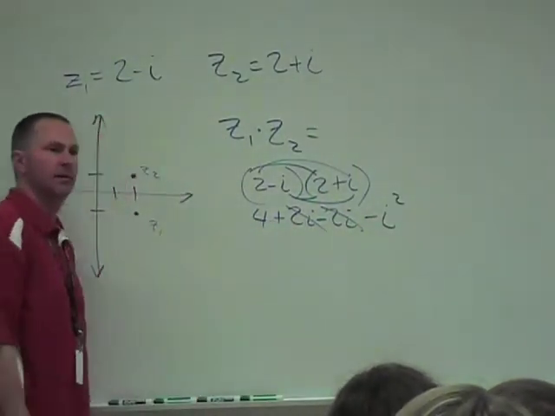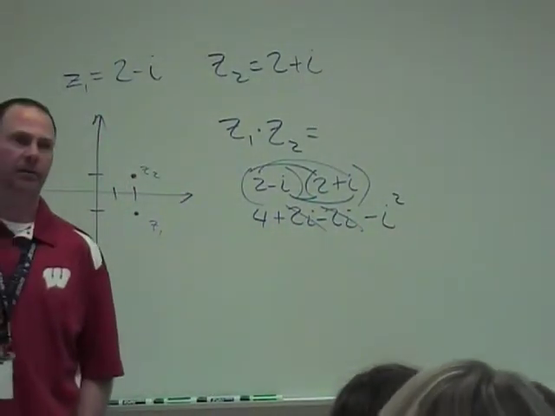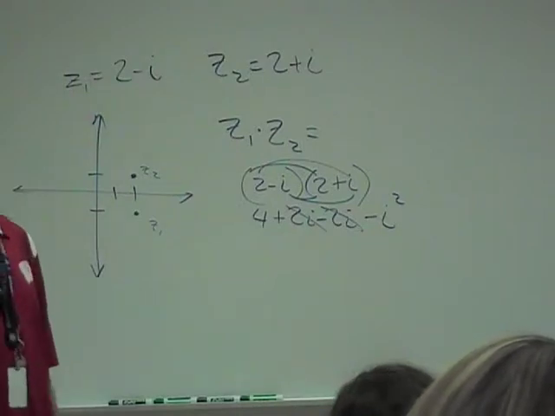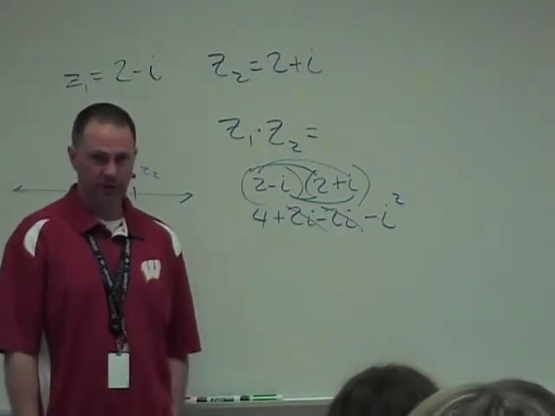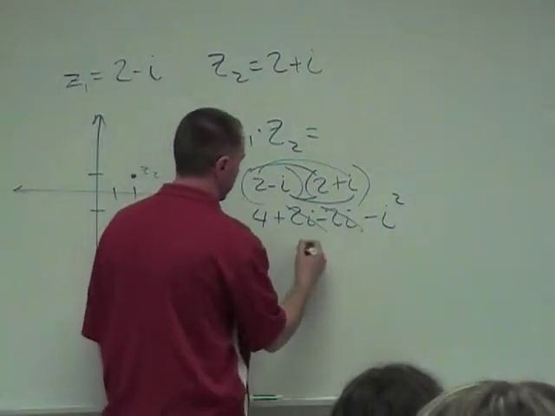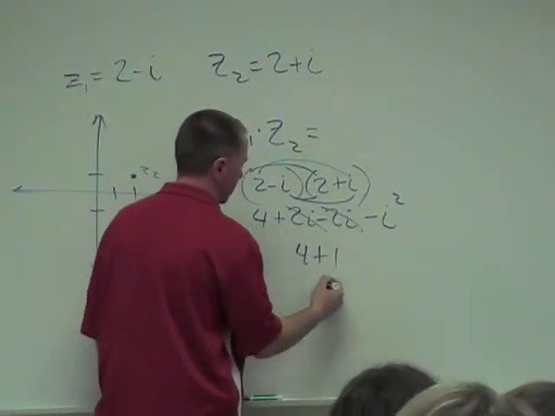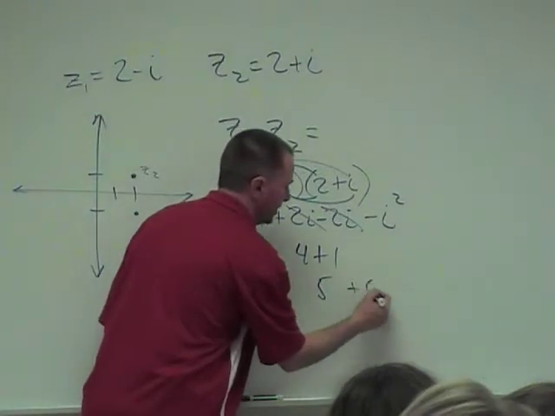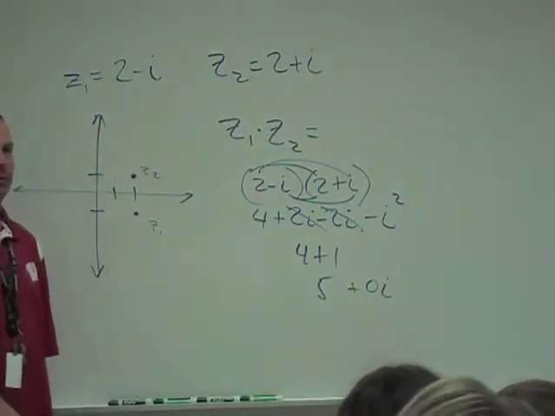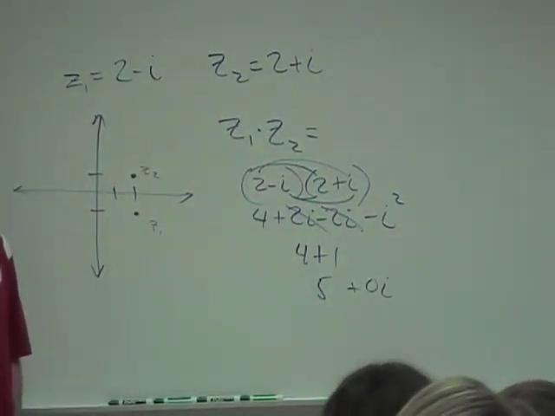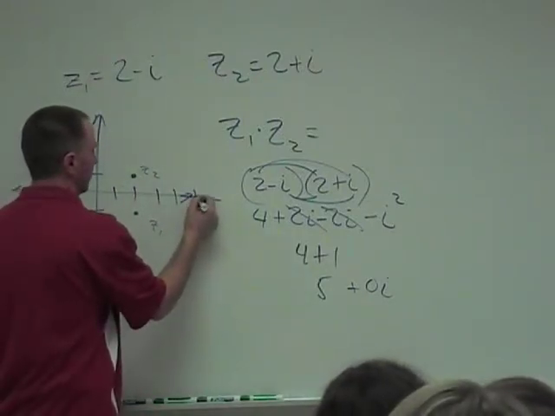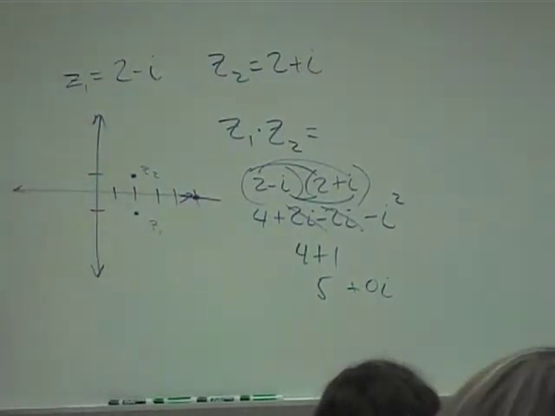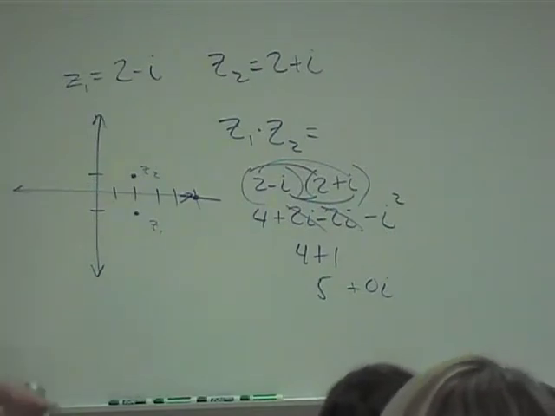What is i? It's the square root of -1. So what's i squared? It's -1. Minus the -1 is? This is still 5 plus 0i. Just because I don't have the 0i there doesn't mean it's not there. Okay, so at 5, that's where z1 times z2 is. That was part of number 19.